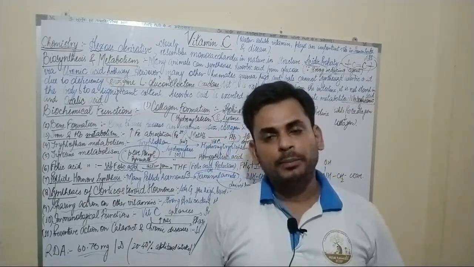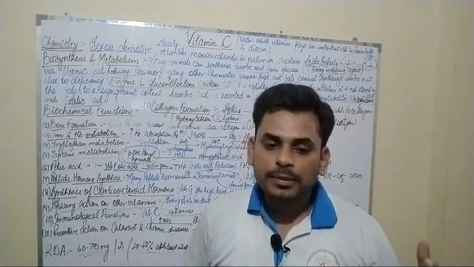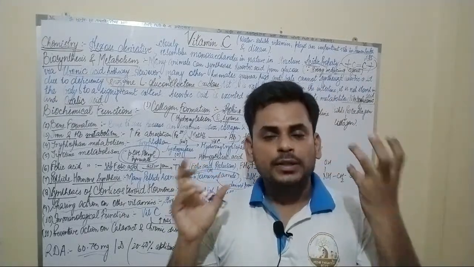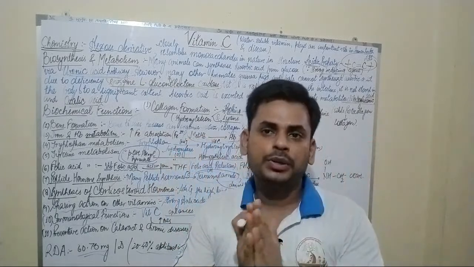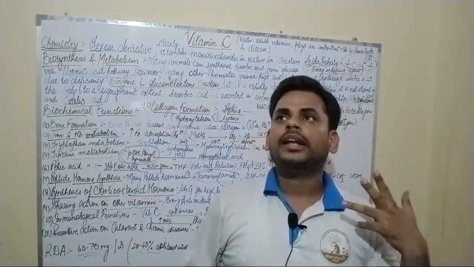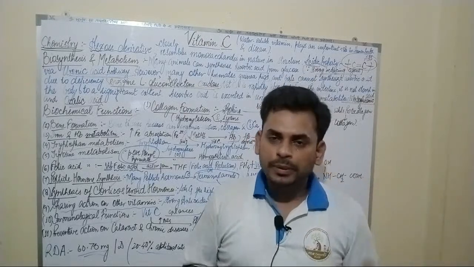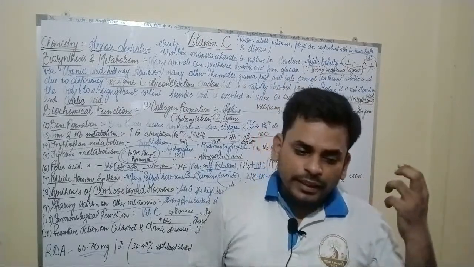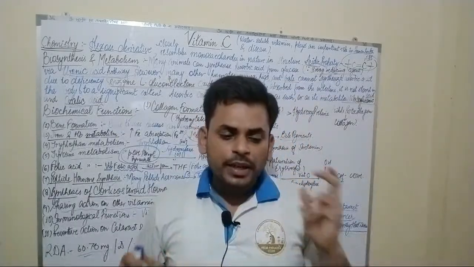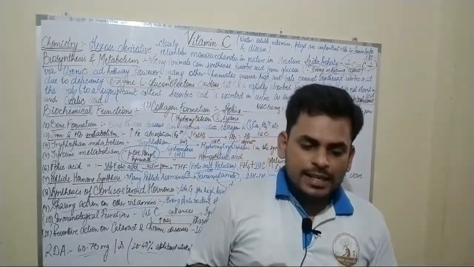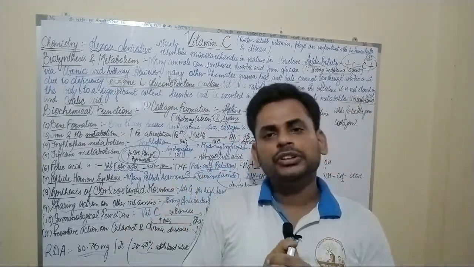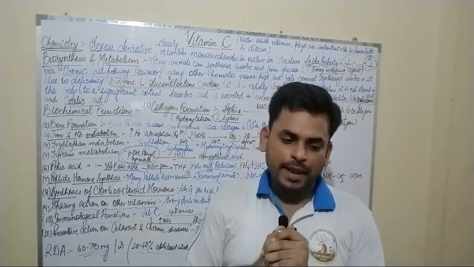And very important, ascorbic acid is stored in large quantity during the periods of stress in the adrenal cortex. So it has also been reported that there can be sluggish hormonal functions due to deficiency of vitamin C, and the functions of gonads can also be impaired.